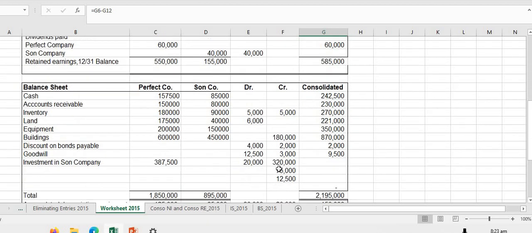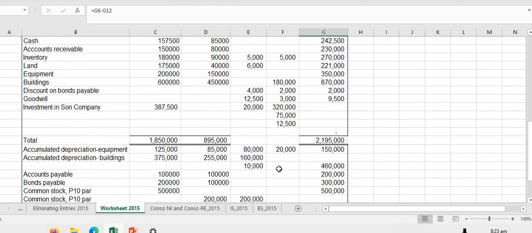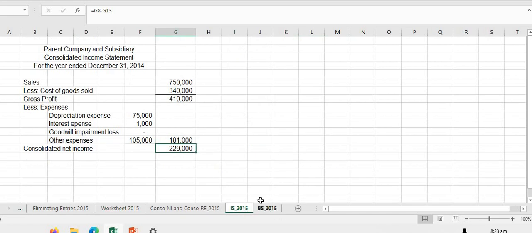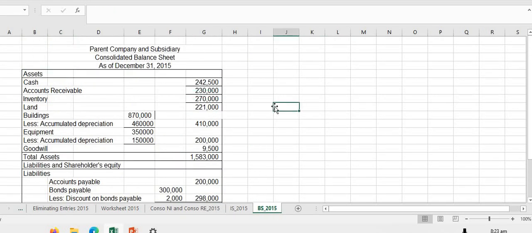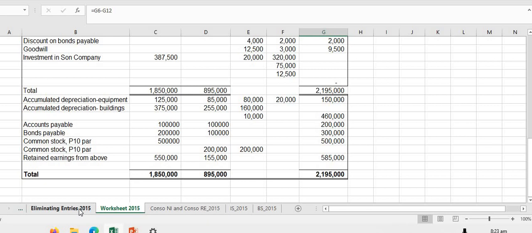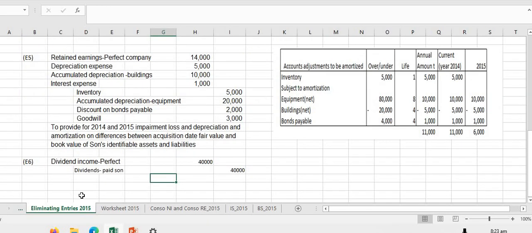So, mas better yung we have a worksheet para madali natin i-prepare yung income statement natin at saka yung balance sheet natin. Okay? That's actually the end of the example for 100% owned acquisition pero cost model.